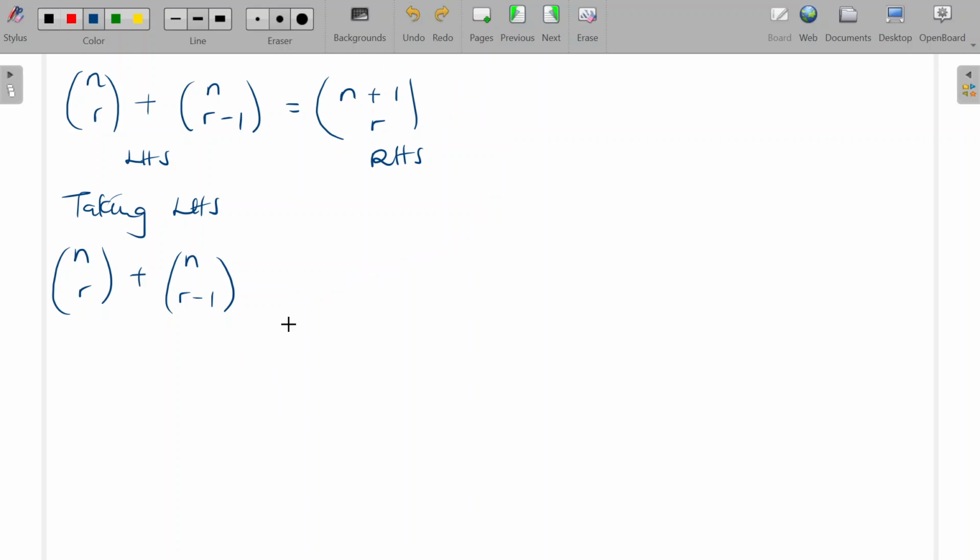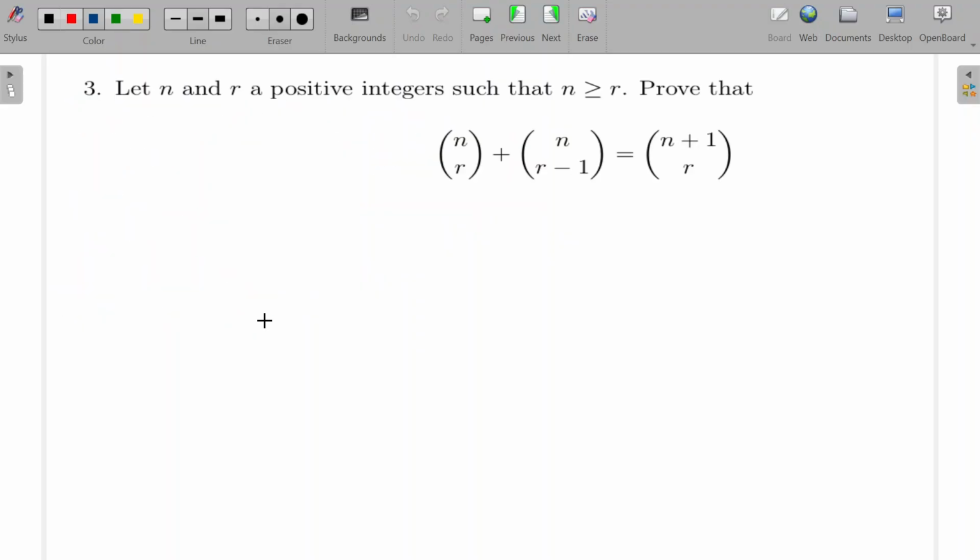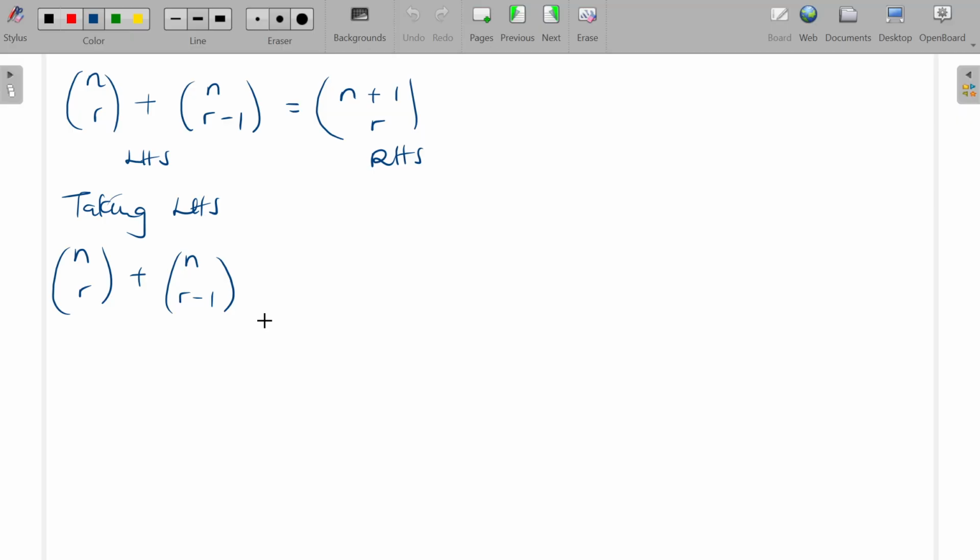Then I have proven that this equals that. Now, like what we did on the first question, when you have such combinations, you start with the first part, which is n factorial over n minus r factorial, then r factorial.